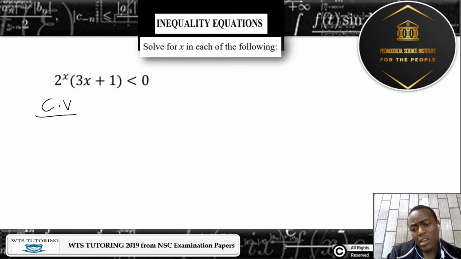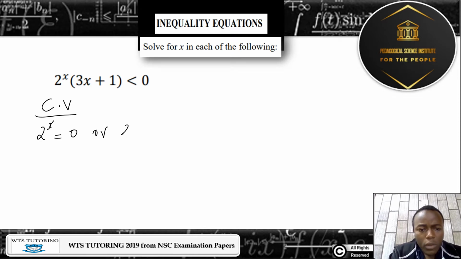We can use the zero factor rule to solve for x here, because it's possible to do it in a faster way. So we can say 2 exponent x is equal to 0. Remember, we need the critical values. These are not the final answer, just important values that are going to help us.